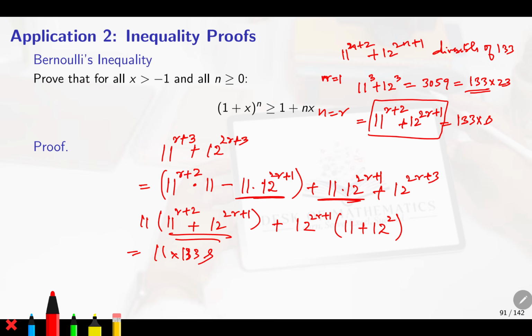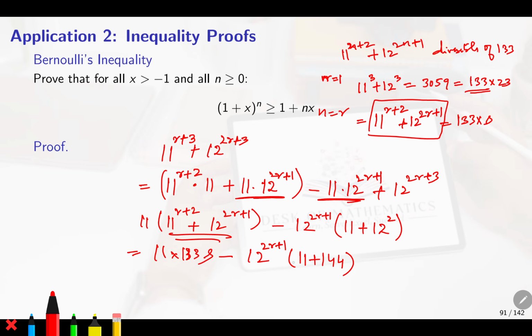Okay, just wait. I have to make it plus and that one minus. This is plus, this is minus. So this is s minus 12 to the power 2r plus 1 and this is 11 plus 144. Okay, yes or no? Here this is 133s.